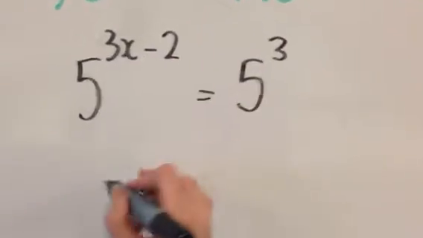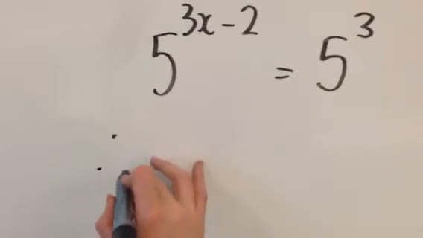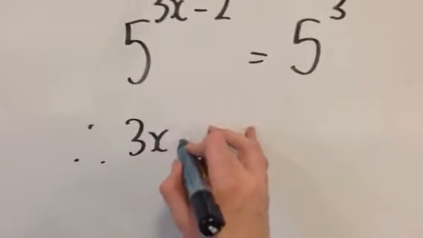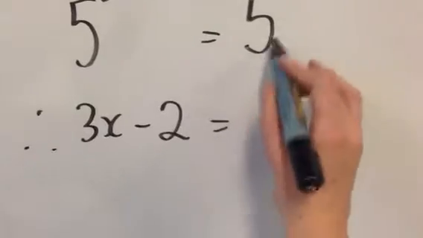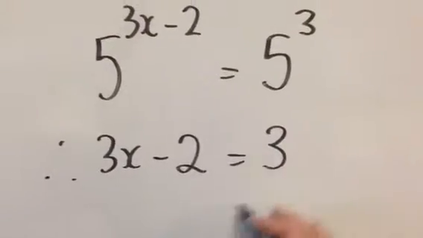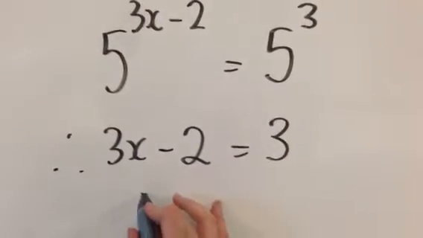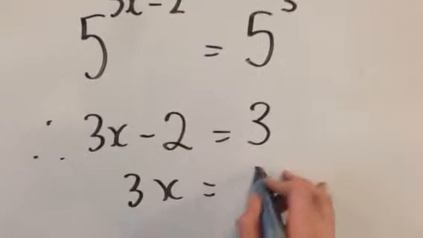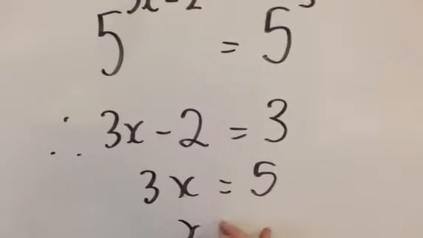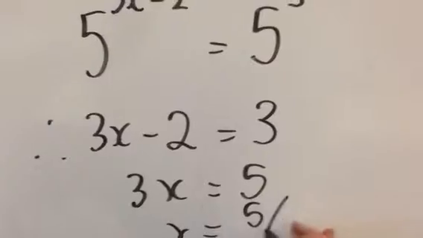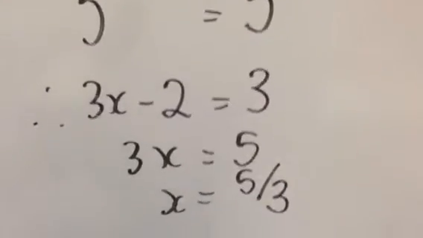Same base, so now I equate my powers. Therefore, 3x minus 2 is equal to 3. And now I solve this equation. 3x is equal to 5. x is equal to 5 over 3. And I can leave it like that.